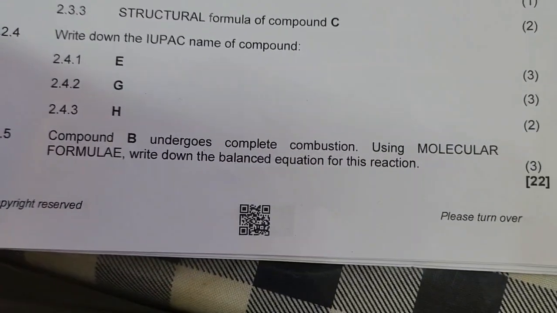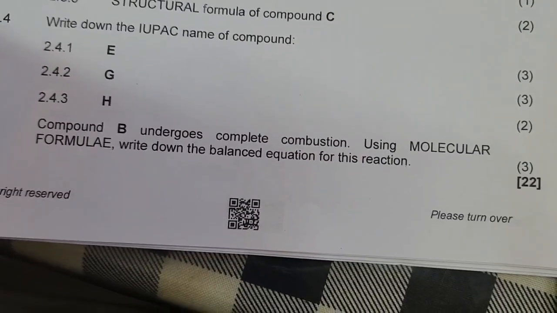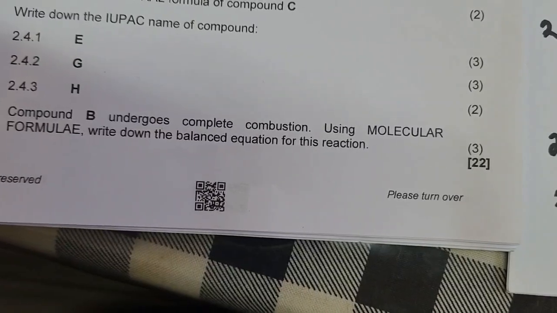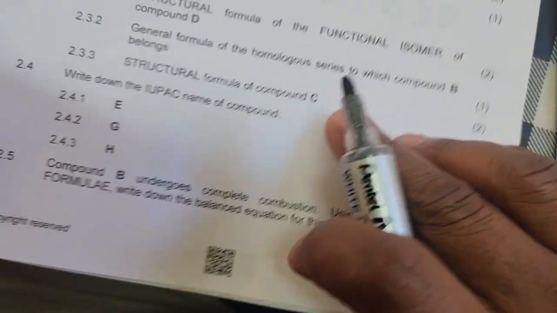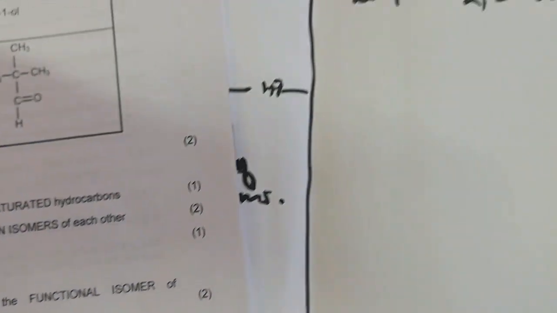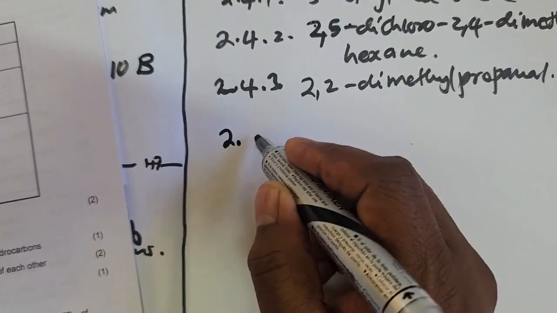Now the last question here in this section, they say compound B undergoes complete combustion. Using molecular formulae, write down the balanced equation in this case, for 2.5.